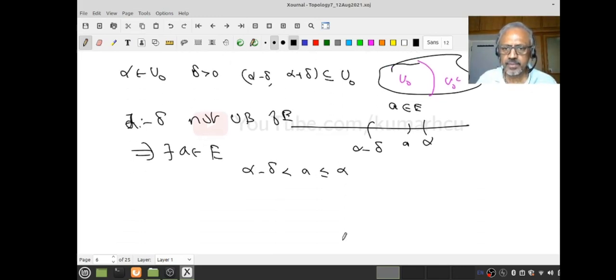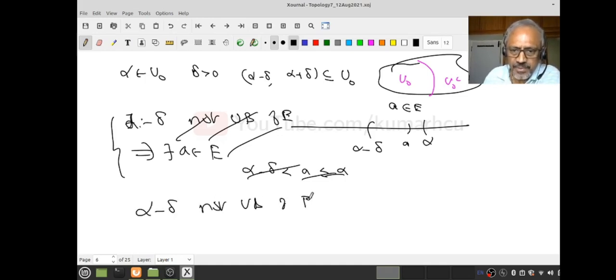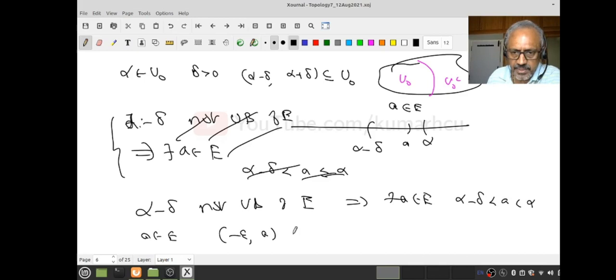Sorry, I take back my word, please allow me to think. Okay, alpha minus delta is not an upper bound of E, which implies there exists A in E so that alpha minus delta is less than A, less than alpha. Since A is in E, minus epsilon to A is contained in U0.